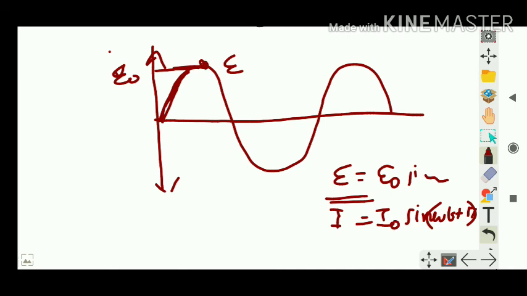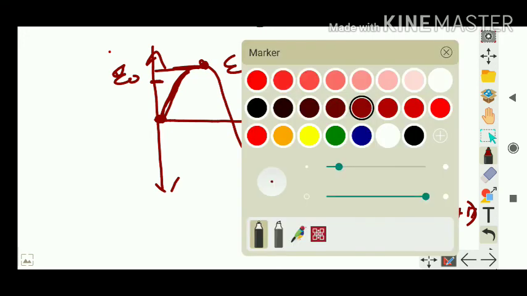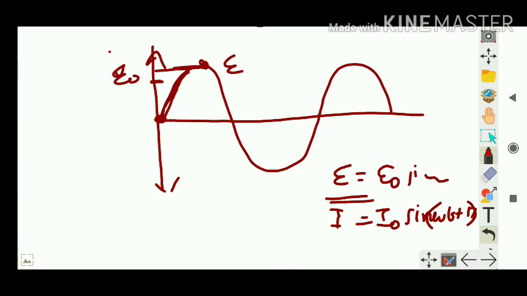When it is starting at this point, by that time the current has already reached its peak value. That is the 90-degree shift. Before the EMF has started its traveling, the current has already started, so it would be like this.